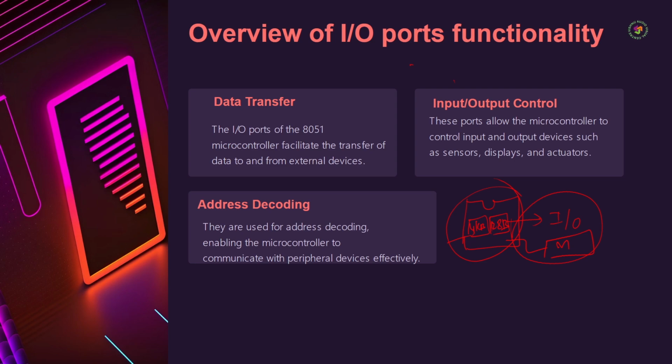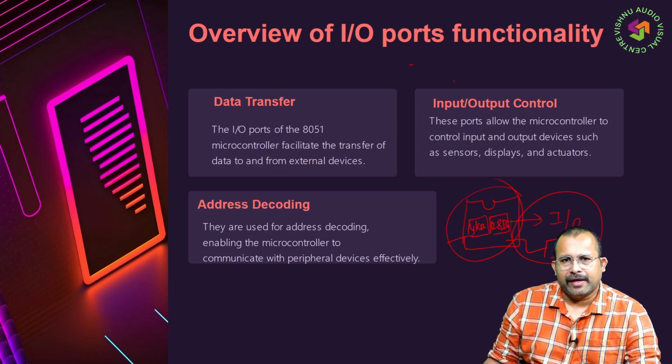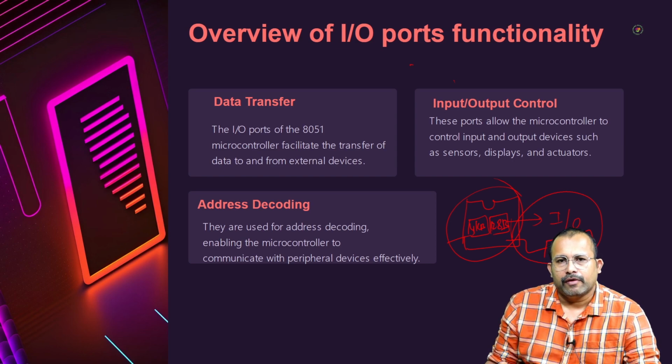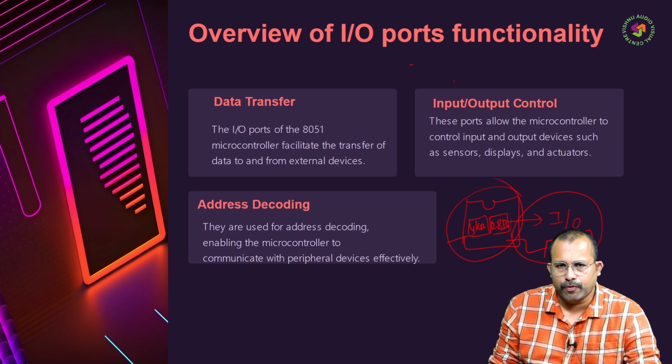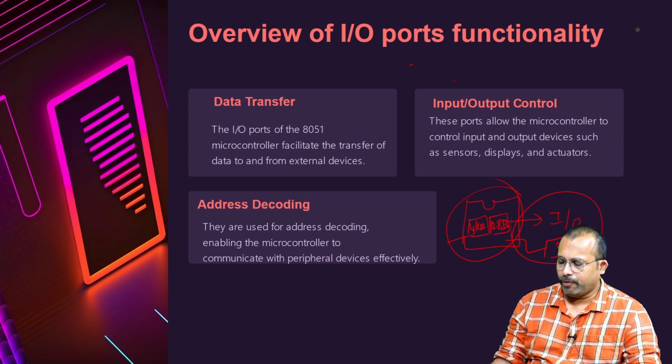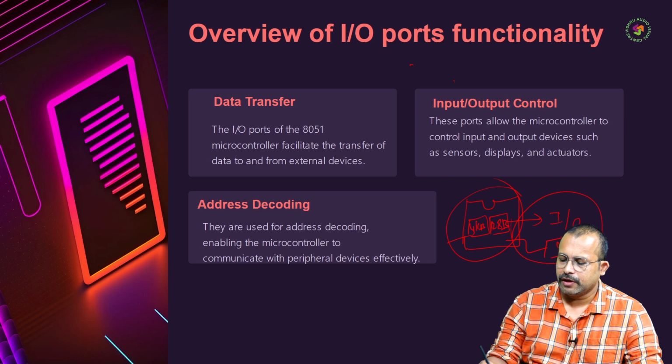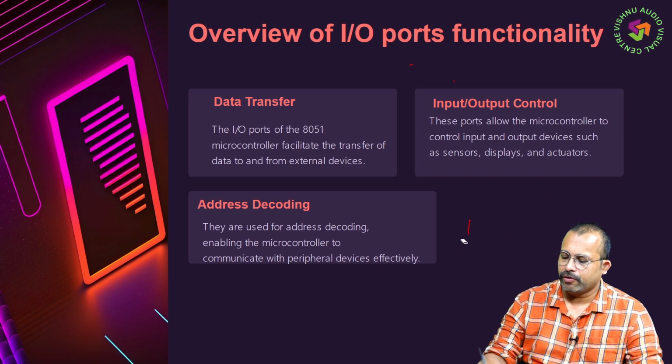So for connecting IO devices, ports are used. For connecting memory also, while connecting external data memory or external program memory, we use ports. While coming to the ports, there are 4 ports in the 8051 microcontroller.